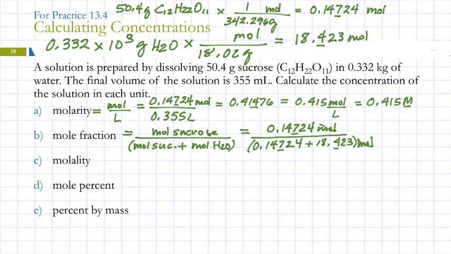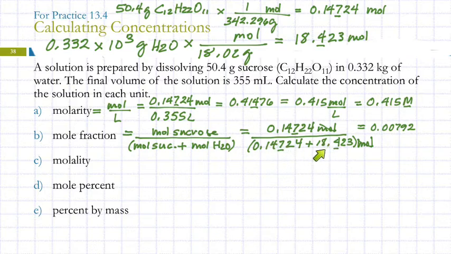When you do this math on your calculator, be careful. So I'm going to do 0.14724 divided by, and then I'm going to use parentheses 0.14724 plus 18.423, close the parentheses, press equals. 0.00792. In terms of significant figures, you should really add those together to see what you get.